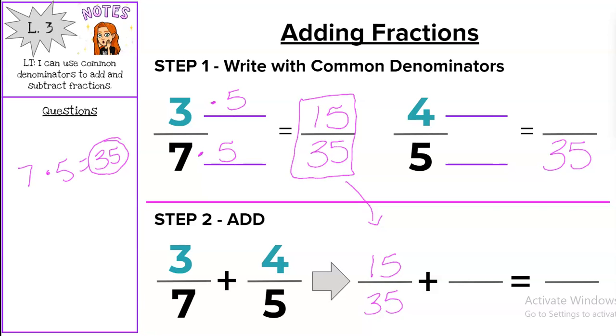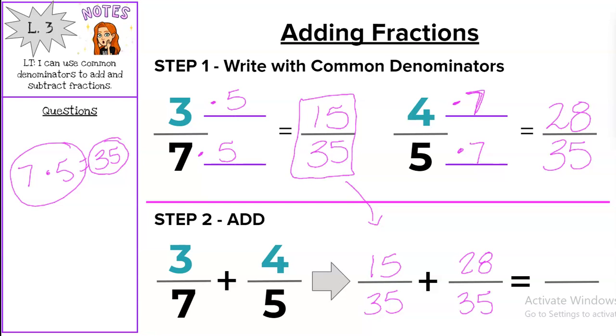Now we just need our second fraction. For 5, we multiplied 5 by 7 to get 35, so that means we have to multiply 4 by 7 as well. What's 4 times 7? That is 28. So then we get 28 over 35.